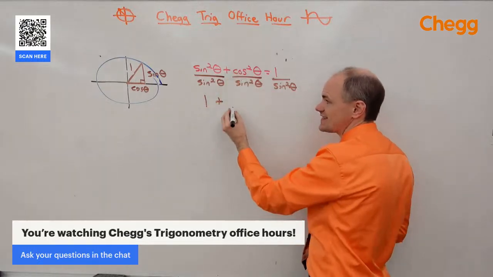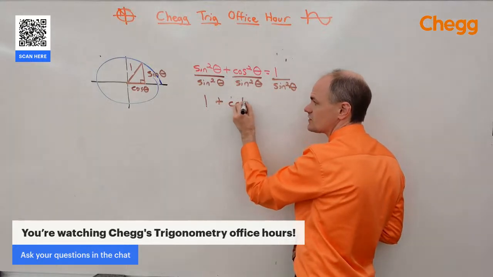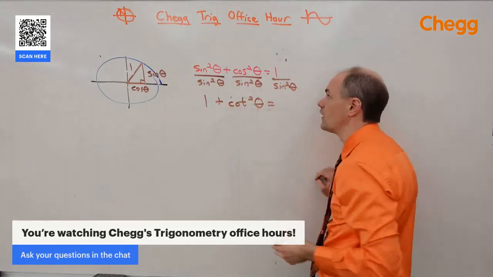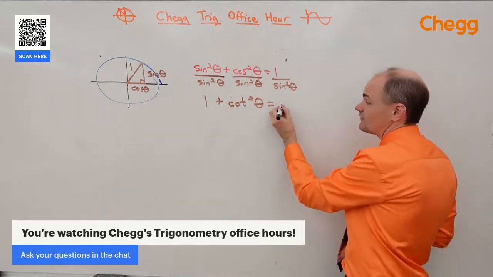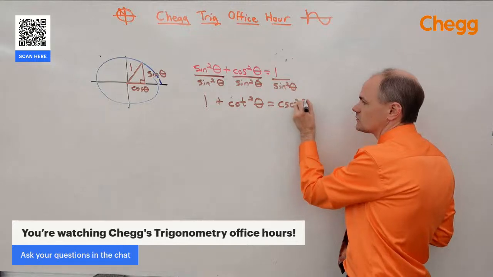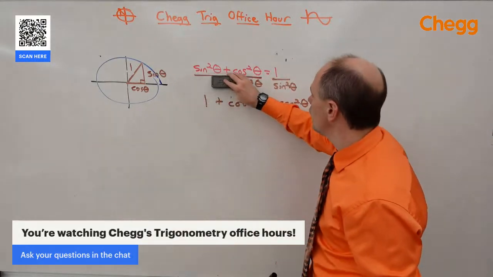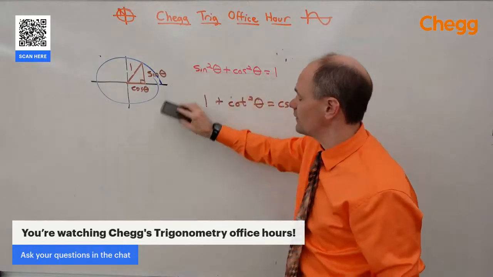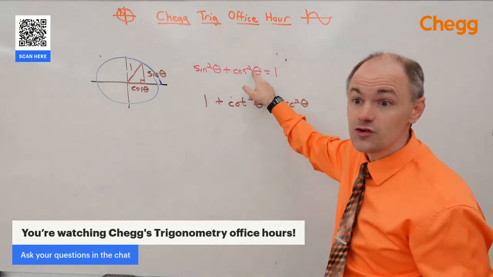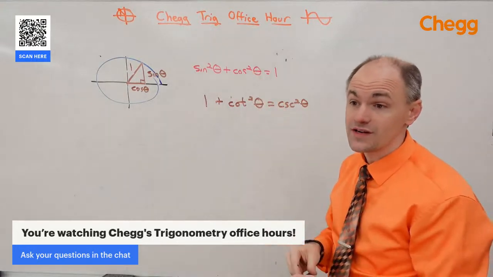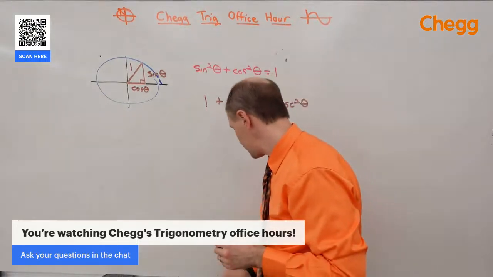Cosine squared divided by sine squared, cosine divided by sine, we know is cotangent squared. 1 divided by sine squared, the reciprocal of sine squared has been defined as cosecant squared. And so by going through and dividing them by sine, we came up with our second Pythagorean identity. So you don't actually have to memorize this Pythagorean identity if you know how to get it from that all-important sine squared plus cosine squared equals 1.